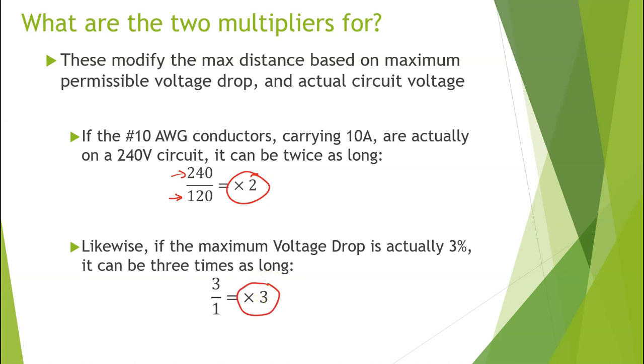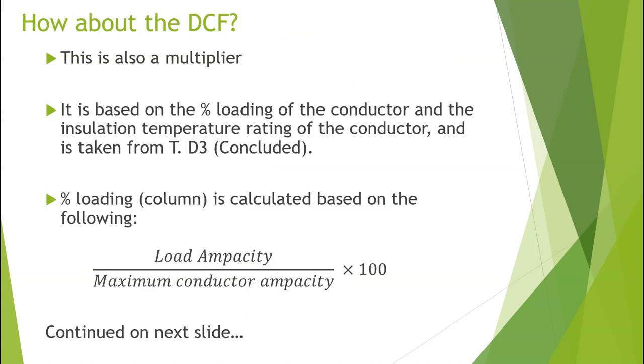Now the last factor, our DCF, is a little bit more complicated and requires a little bit more work from our perspective. It's also going to be a multiplier, but as I mentioned already, it's based upon the loading of the conductor that we're using relative to its maximum allowable ampacity and the insulation temperature rating of the conductor.